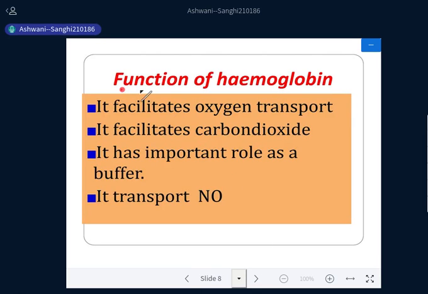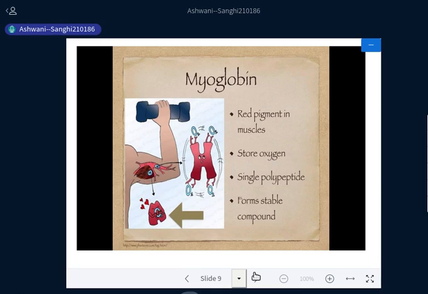The function of hemoglobin is to transport oxygen, transport carbon dioxide, transport nitric oxide, and it has an important role as a buffer.